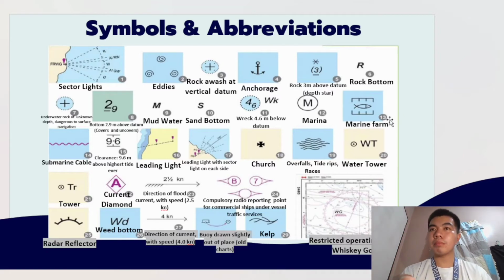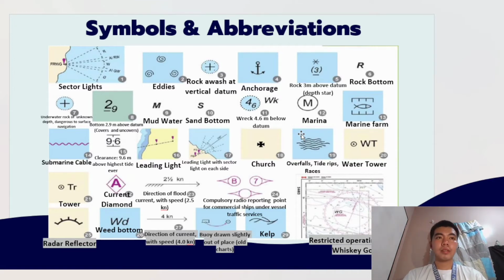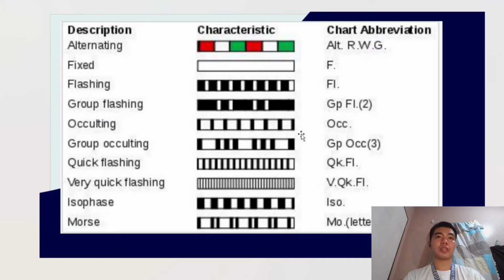And this example, number 13, looks like a fish that has been caged, and that means marine farm. So don't worry, because all of these symbols can be seen on the 5011 chart. No need to really memorize, only to familiarize yourself with the different symbols shown on our chart.